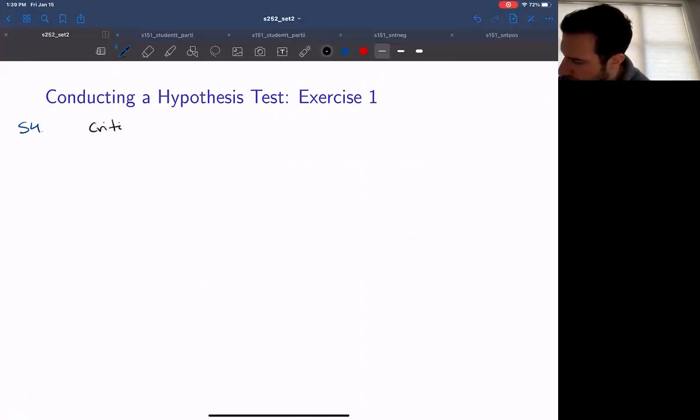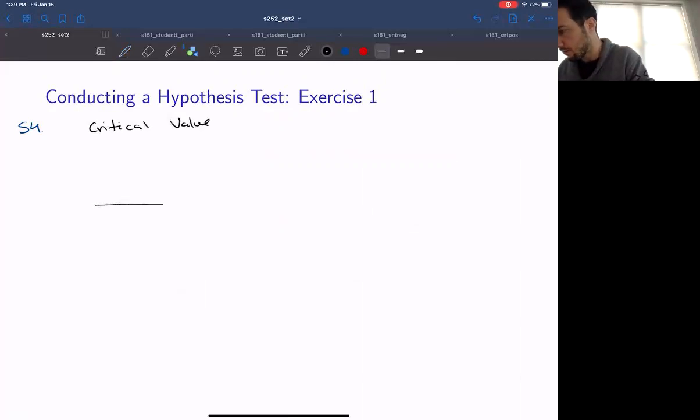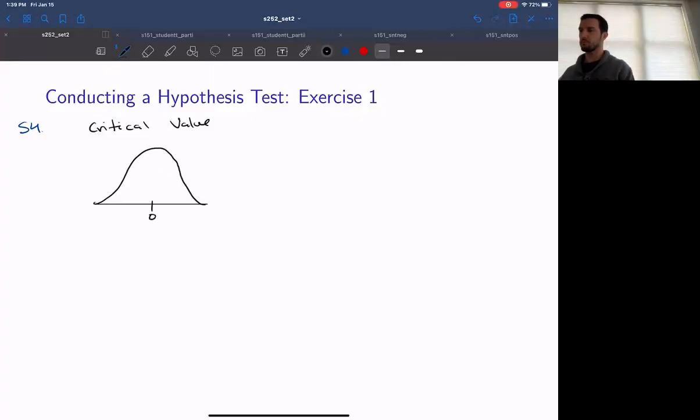All right, so if we take the critical value approach, with the critical value approach, we have to mark down where the rejection regions are located for this particular problem.